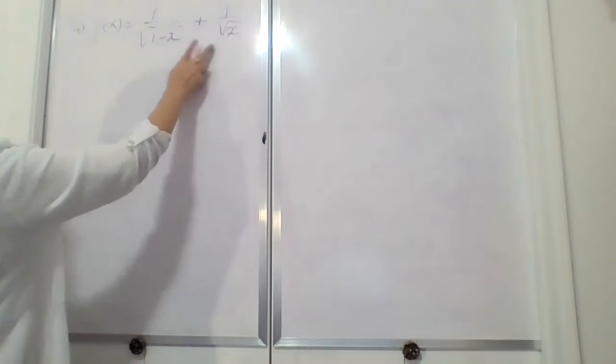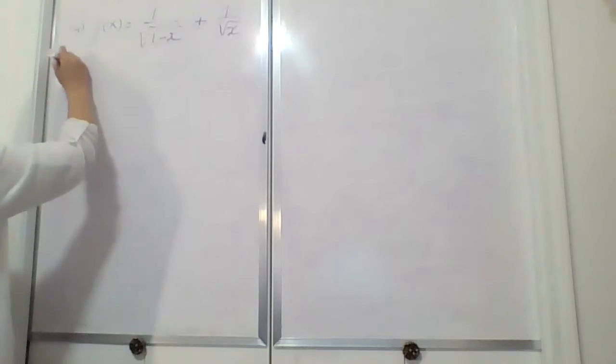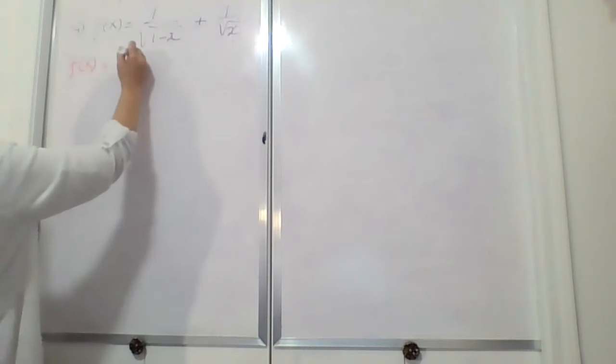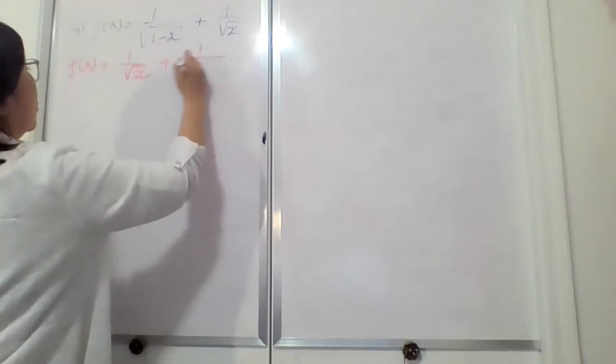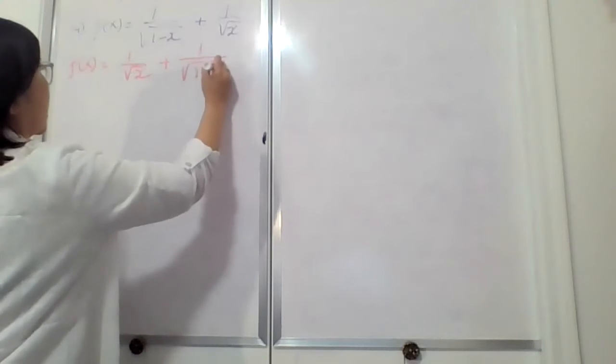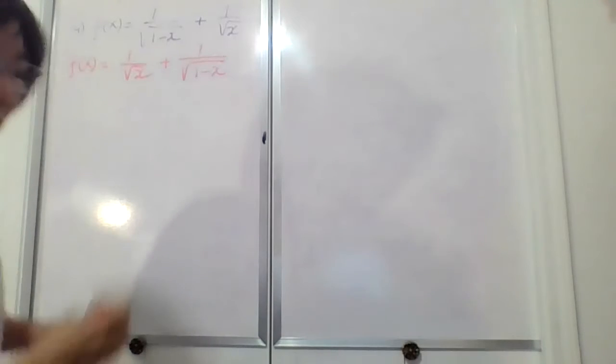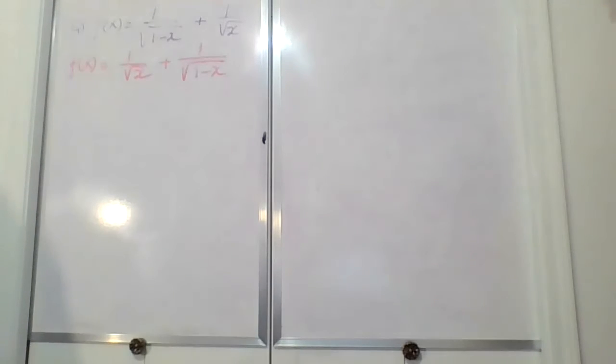Now, I'm going to rewrite it: f of x equals 1 over square root x, adding with 1 over square root of 1 minus x. I don't know if you can see. The ink is not a good ink. I cannot see very well.